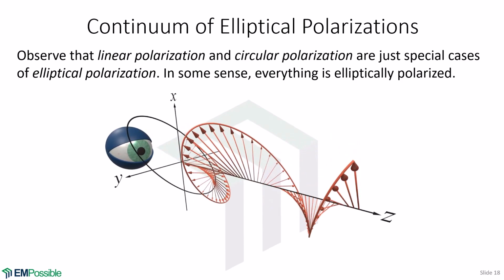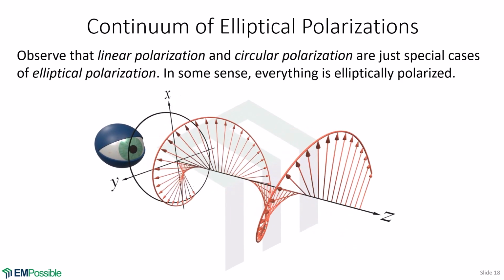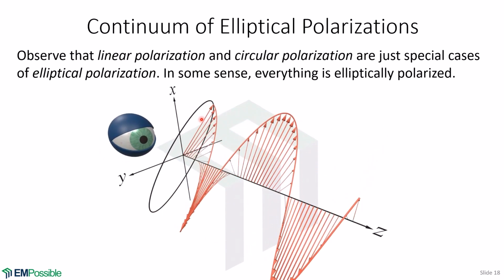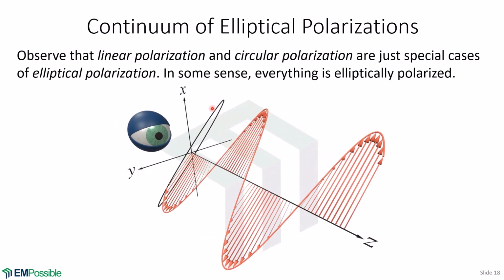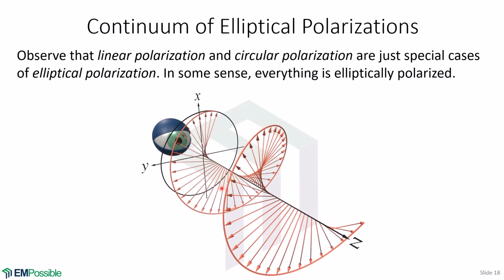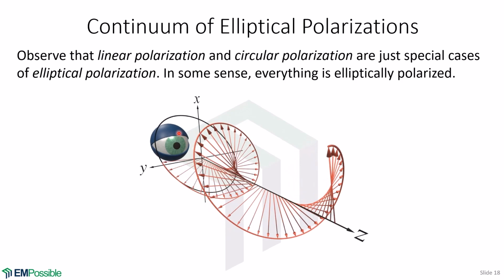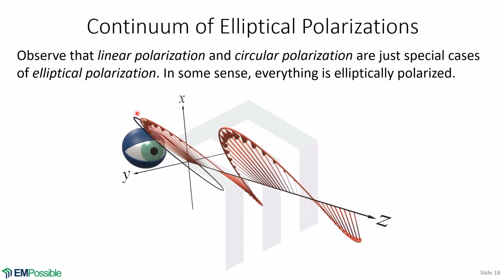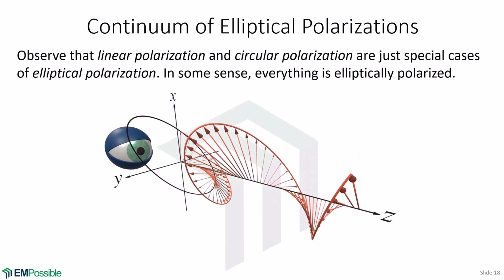To make the point a little bit more clear, here is a continuum of elliptical polarizations. And so we'll go from a very skinny ellipse down the diagonal of the XY axis. It then passes through a circular polarization, then starts becoming an ellipse, and then eventually a linear polarization along the negative diagonal, and back and forth.